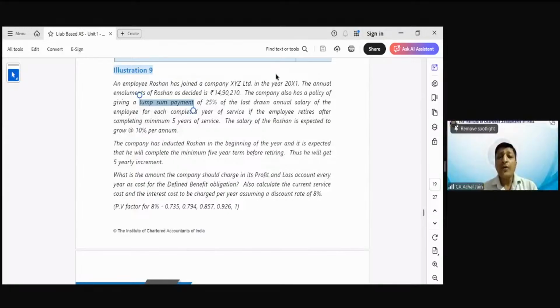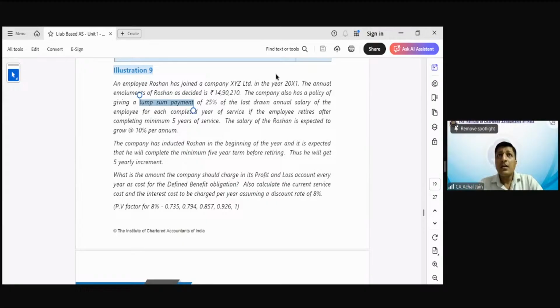Now, what is the amount the company should charge in its P&L every year as the cost for defined benefit obligation? Question number 1. Now, what does it mean?